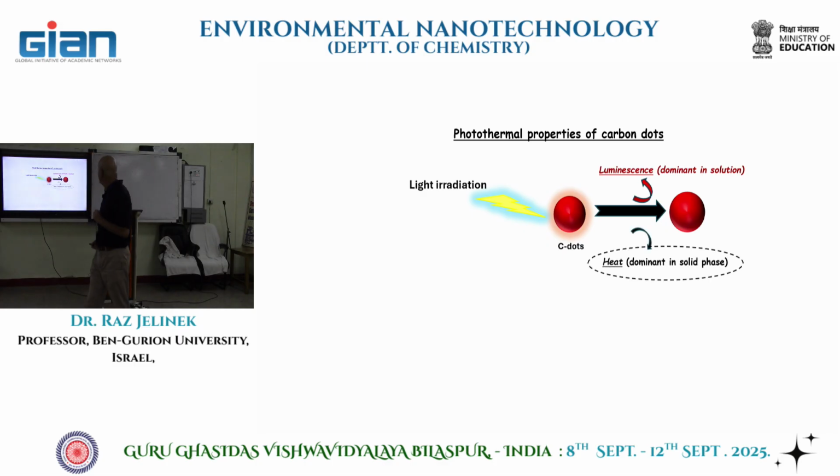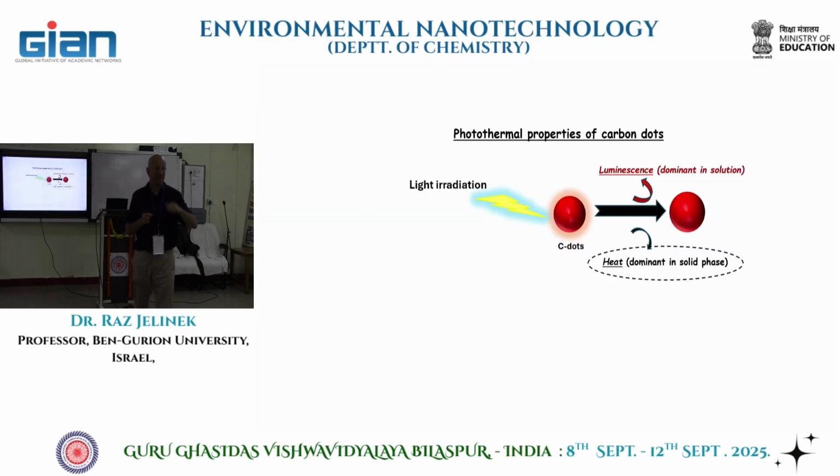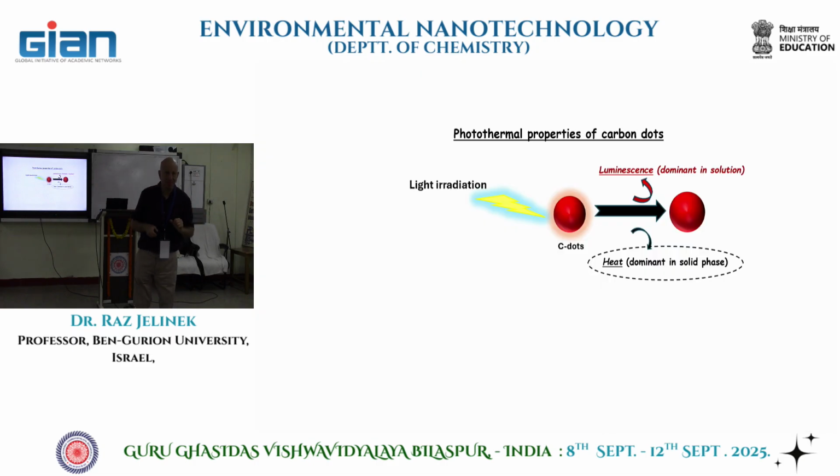But when you have a solid, when you take carbon dots and they cannot move and they sit in a solid matrix, either when you dry them or when you put them in some kind of solid gel matrix, then the electron that you excite cannot go back directly because of the solid phase.